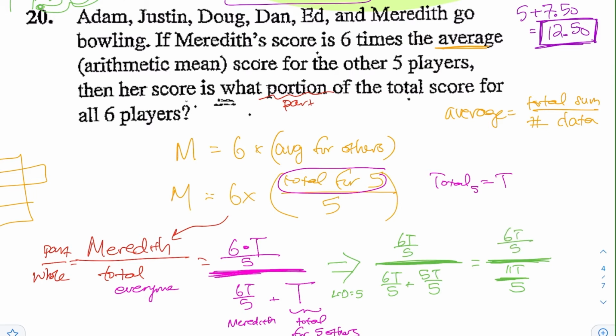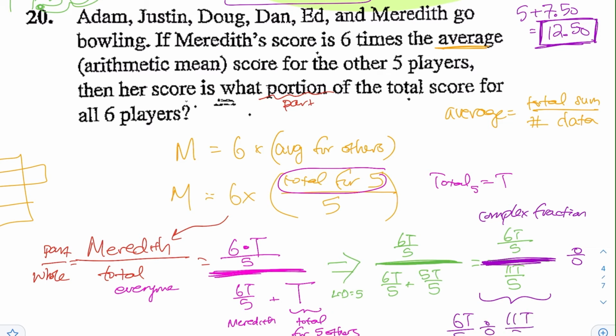So from here, you can rewrite this complex fraction, which is just a fraction inside a fraction, using the fact that this main fraction bar means divide. So you turn this into 6T over 5 divided by 11T over 5.